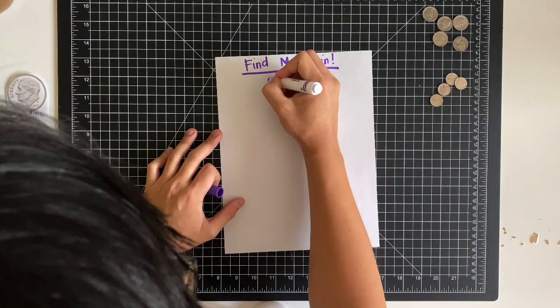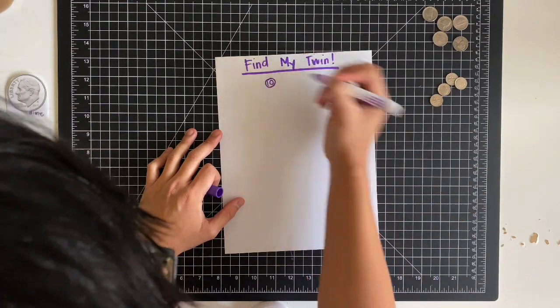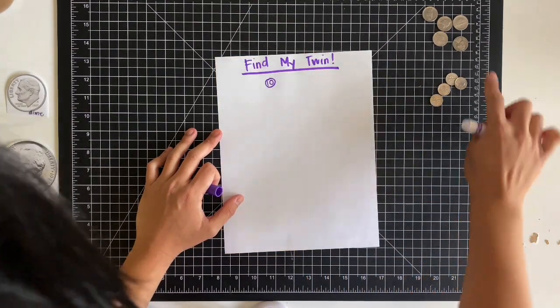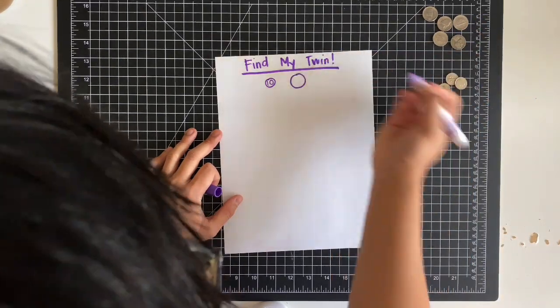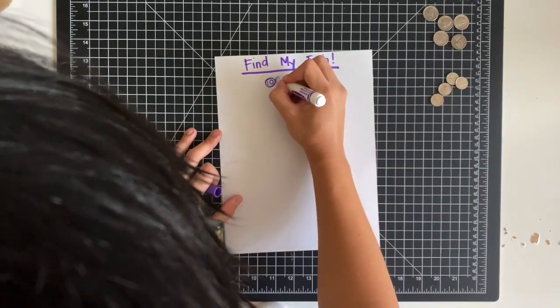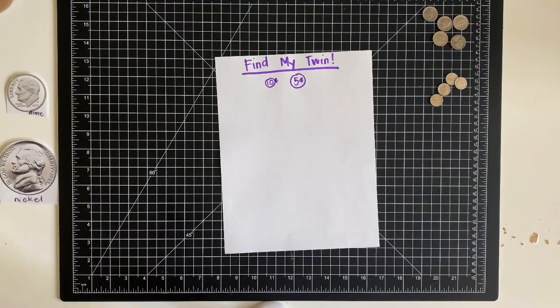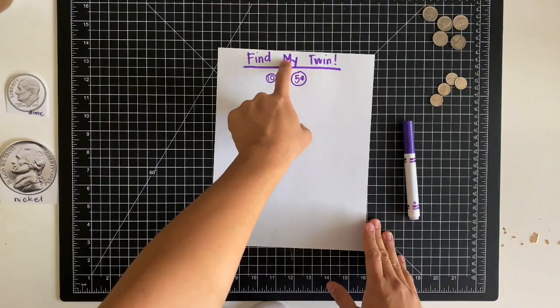The value is 10 cents. And what's the value of a nickel? It is 5 cents. Ooh, forgot the cents. Let's put it on the outside like that. Okay, so those are the materials, and that's how you set up your game of Find My Twin.